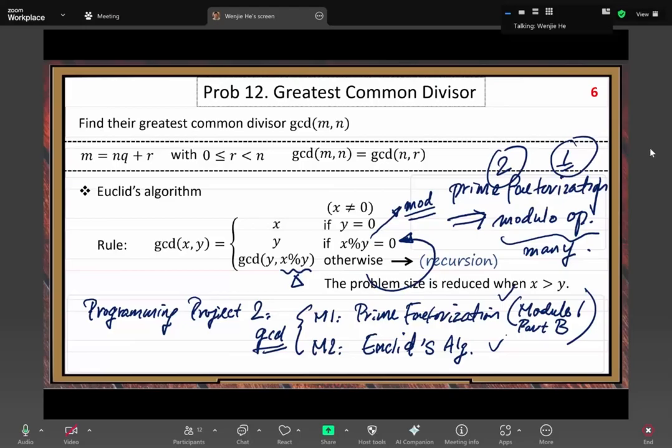Then Euclid's algorithm takes a fraction of a second, a certain number of milliseconds, extremely fast. I just want you to compare how big the difference in algorithm efficiencies is. So that's our project number 2.